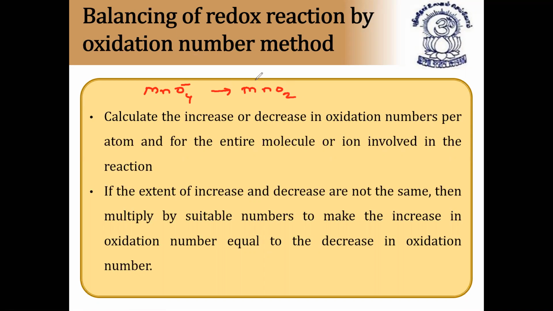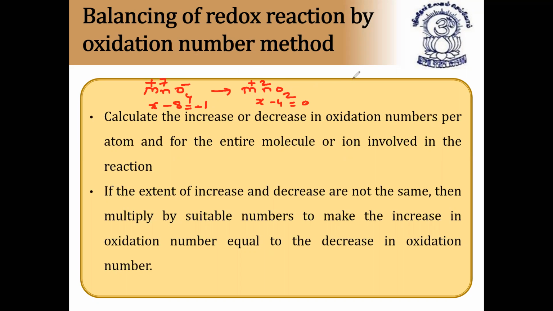Then we have to calculate the increase or decrease in oxidation numbers. Now in this case, what is the oxidation state of manganese? Let us see, x minus 8 is equal to minus 1 by applying oxidation state rules. So x is equal to plus 7. The same way here, x minus 4 is equal to 0 because it is a neutral compound. So x is equal to plus 2. So plus 7 changes to plus 2. So we have to say this is called decrease in oxidation number.